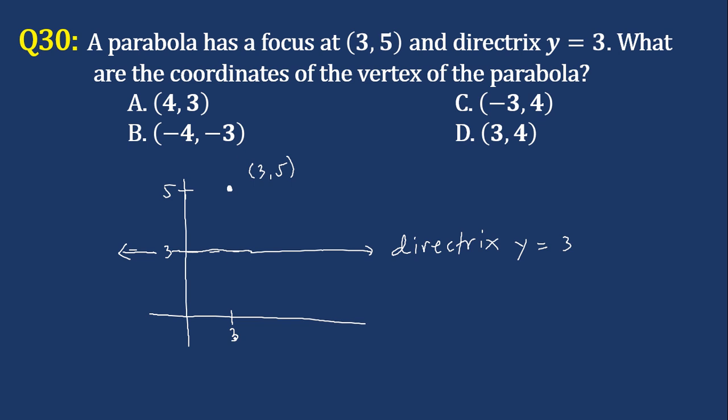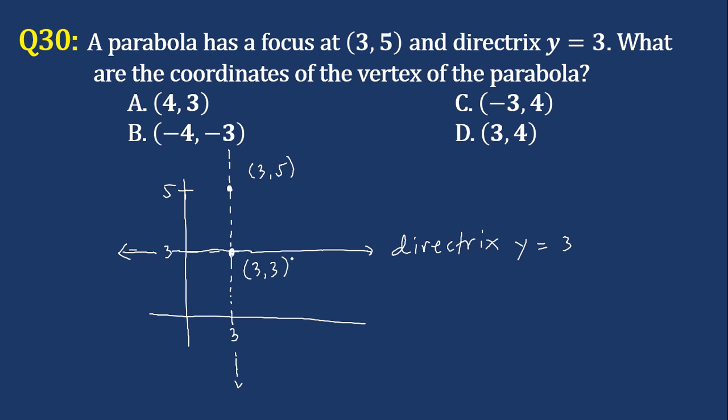Now, if we draw the axis of symmetry of the parabola, it will always pass through the focus and intersect the directrix. What is the intersection of the directrix and the axis of symmetry? Obviously, that's 3, 3.